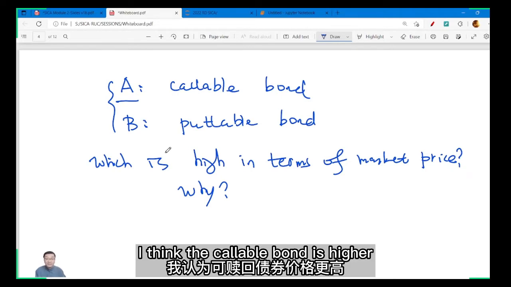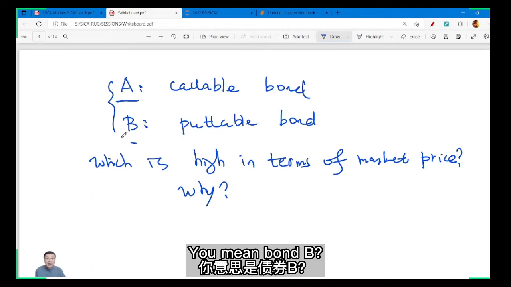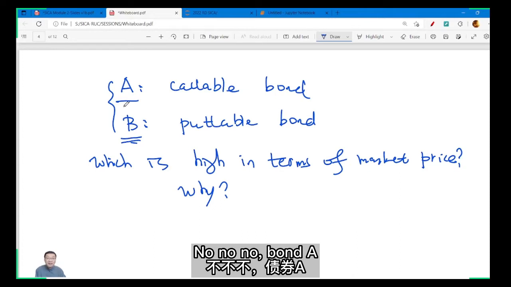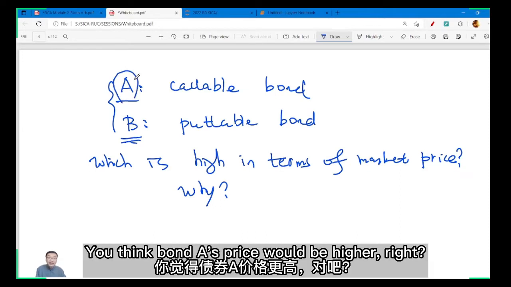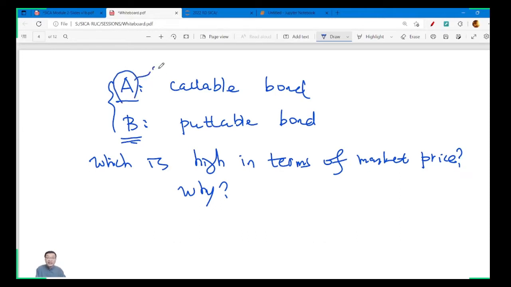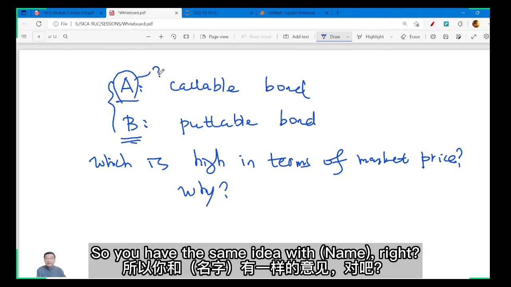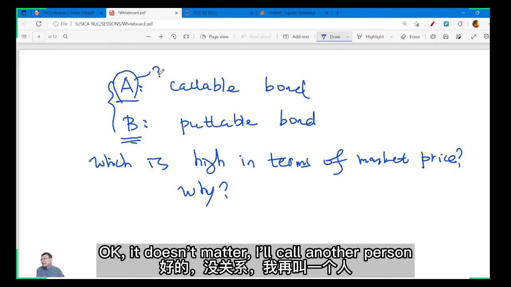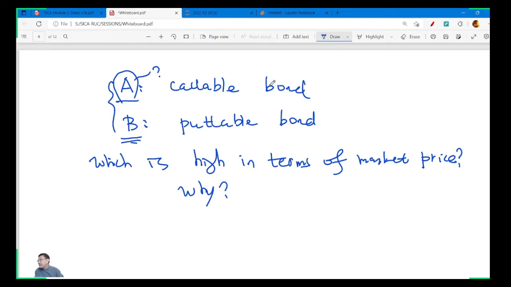I think the callable bond is higher. You mean bond B? No, bond A. You think bond A's price will be higher, right? Yeah. So you have the same idea as Wang Yiming, right? Okay, it doesn't matter. I'll call another person.